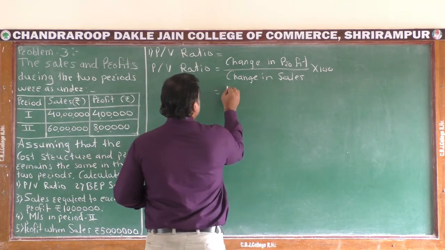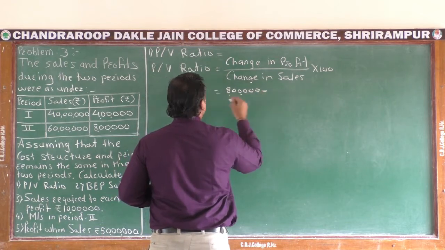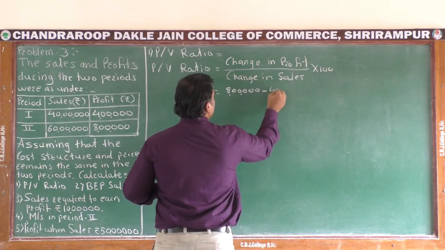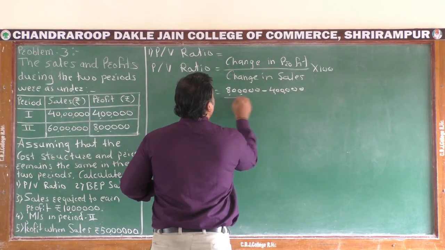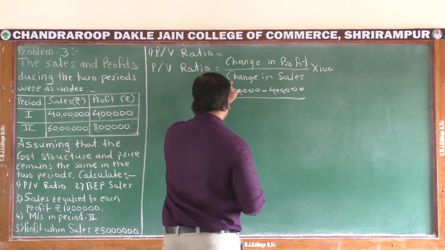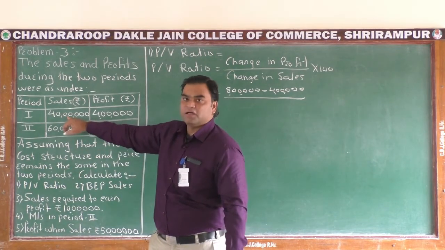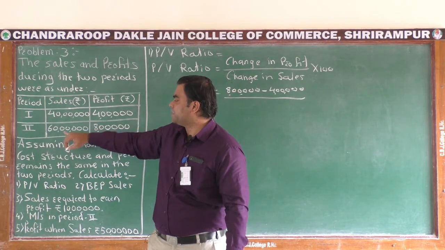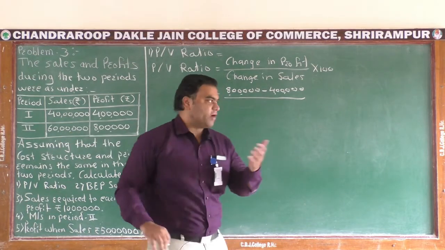You can see, in period second, it is 8 lakh. In period 1, it is 4 lakh. And what is in case of sales? In period 1, sales was 40 lakh. It is increased to 60 lakh. Means it is increased by 20 lakh.